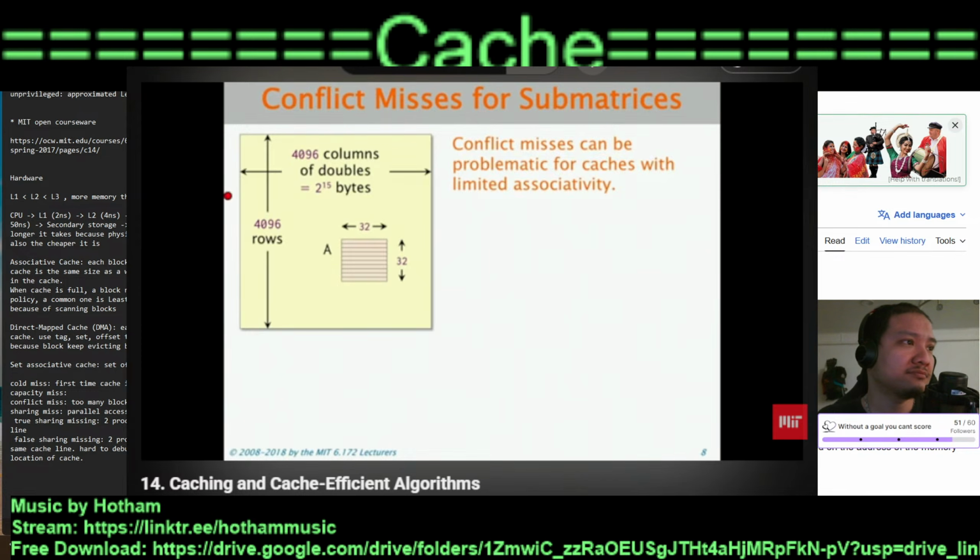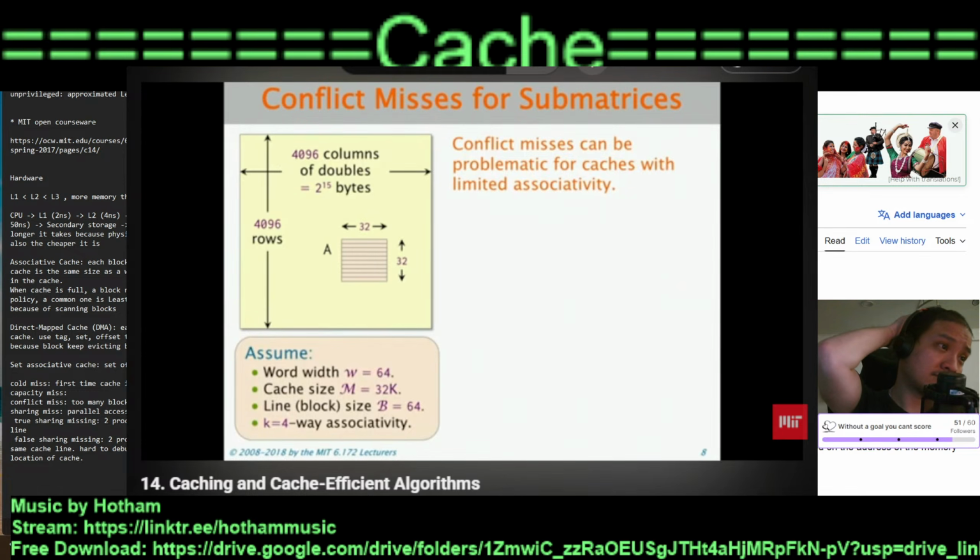Therefore, each row is going to contain 2 to the 15th bytes, because 4,096 is 2 to the 12th, and we have doubles, each one of which takes 8 bytes. So 2 to the 12th times 2 to the 3rd is 2 to the 15th. We're going to assume the word width is 64, which is standard. We're going to assume that we have a cache size of 32K, and the cache block size is 64, which again is standard. And let's say we have a 4-way associative cache.